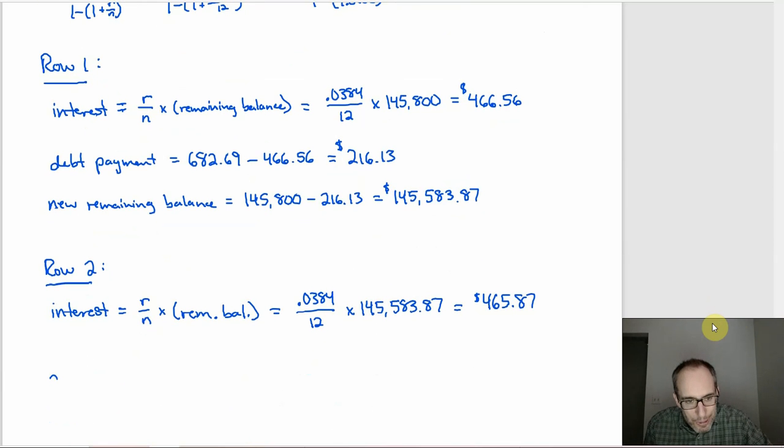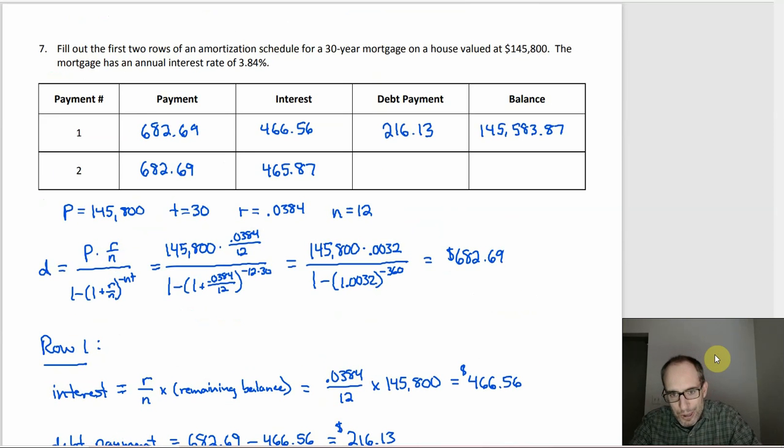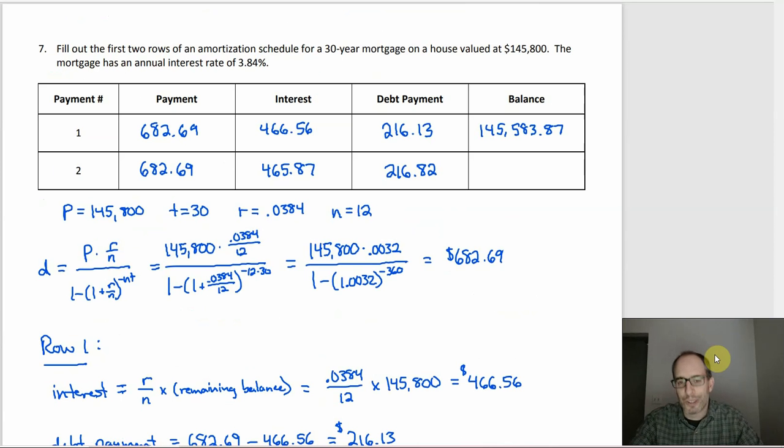So then the debt payment, that's going to be, let's see, so it's 682.69 is our monthly payment minus 465.87, and what you get is 216.82. All right, so then that's our debt payment for the second period. So we can put that up here. So 216.82, all right, a little bit bigger than the last debt payment.